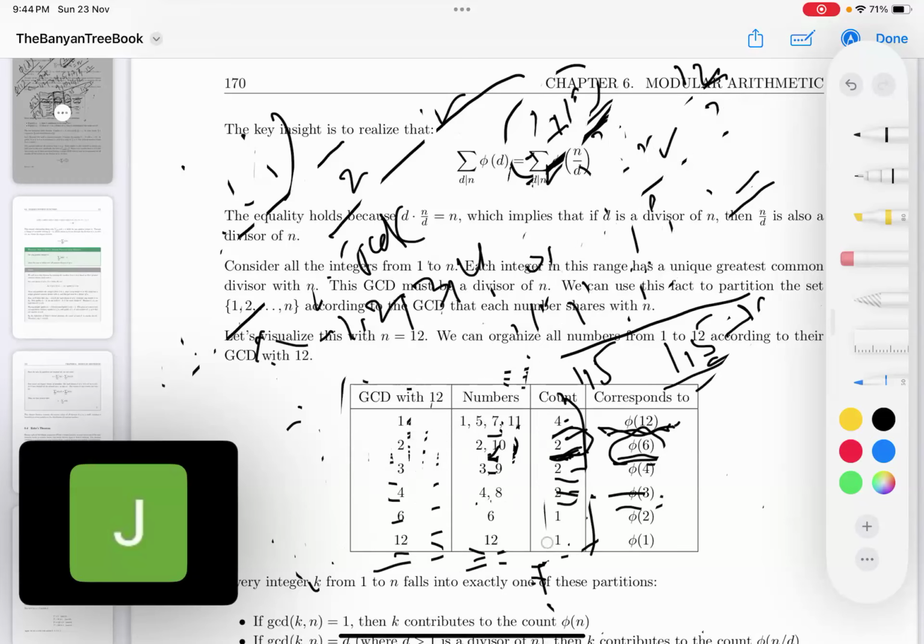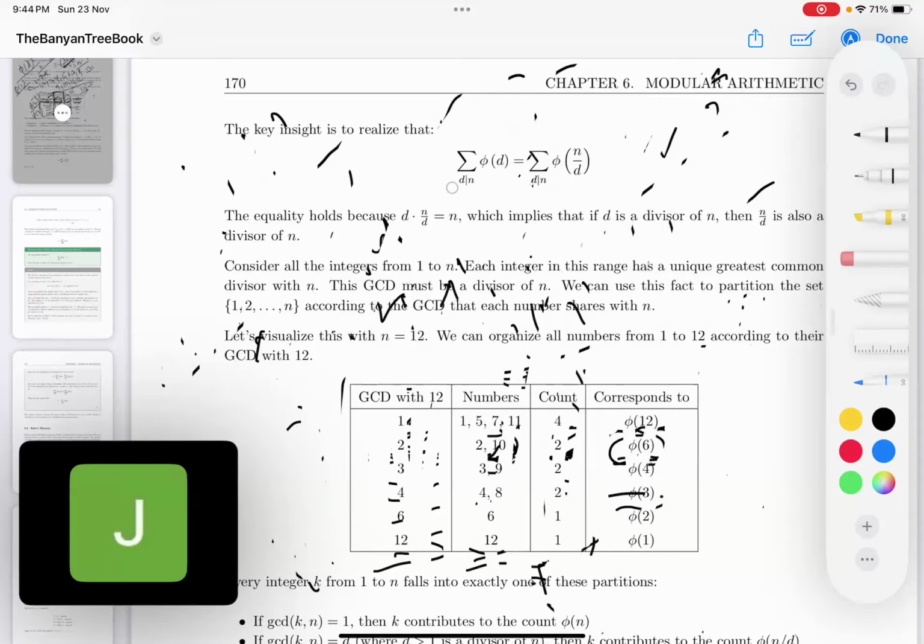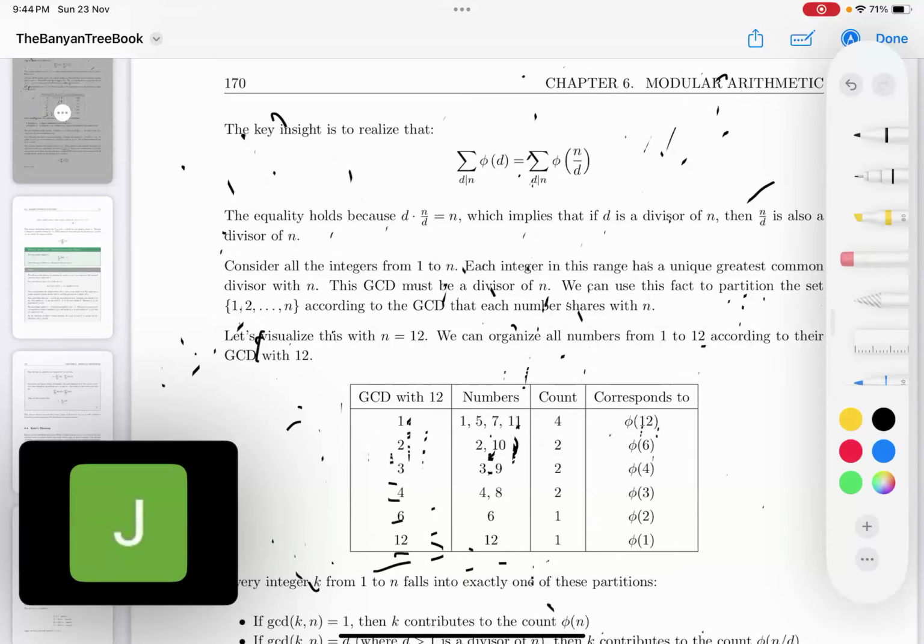This equation is very important because it's just a rearrangement. This part is simple.